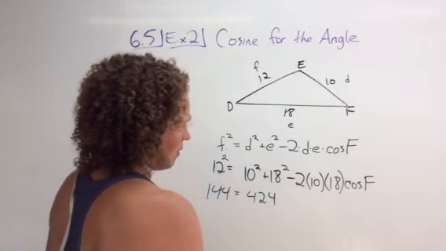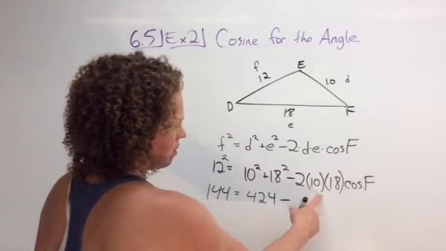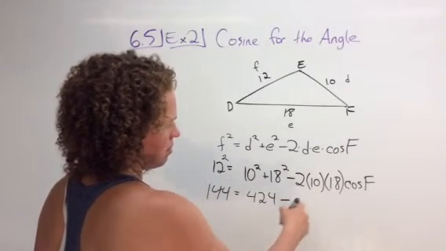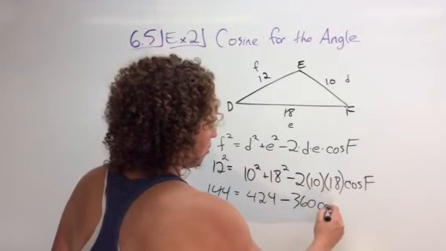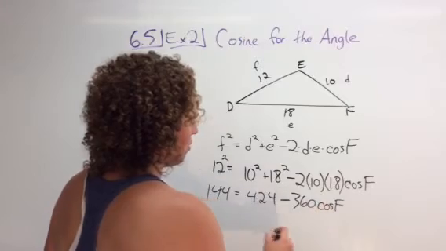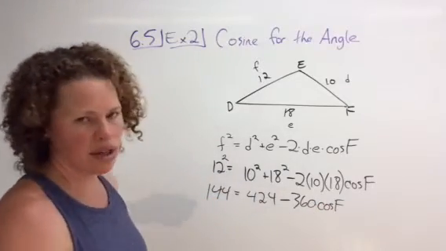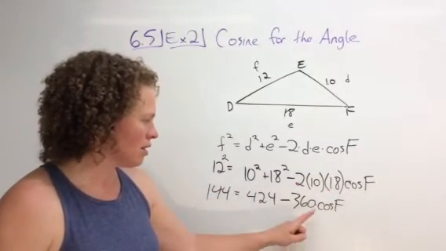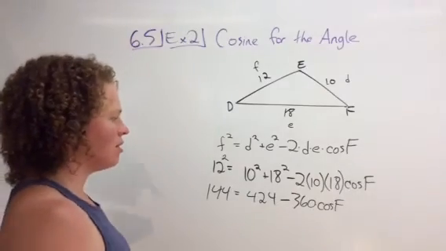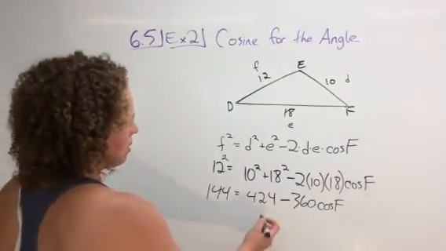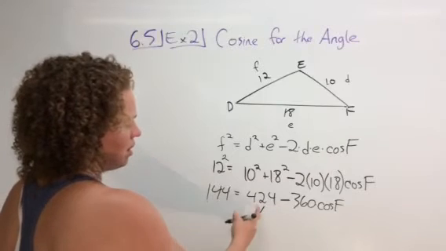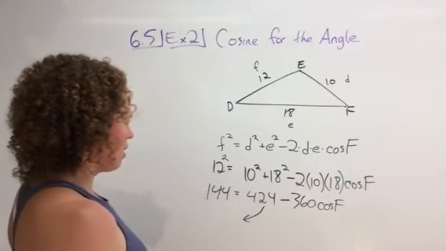Now I can simplify this. 2 times 10, well, 10 times 18 is 180 times 2 is 360. But some of you might be like, oh, now I can go, no, you can't. These guys are stuck together because they're multiplied, so there's nothing you can do there. Leave them alone. What you can do, though, is take this guy over here, and he's just out here doing nothing.